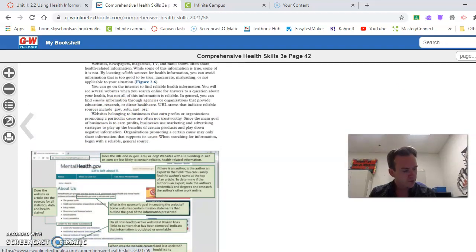Okay? Look at my notes here. So, when you're locating this information online, let's say that you're looking up something about vaccines. So you want to look for websites that aren't necessarily promoting a single cause. Perhaps the website that you went to is talking about how vaccines are bad for you and cause things like autism or whatever else.